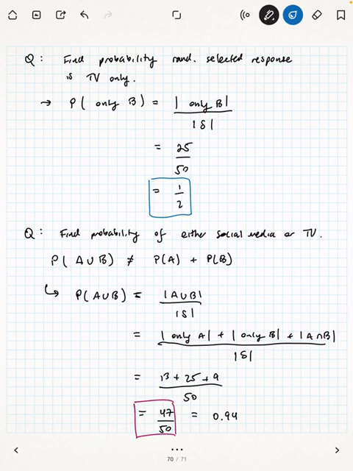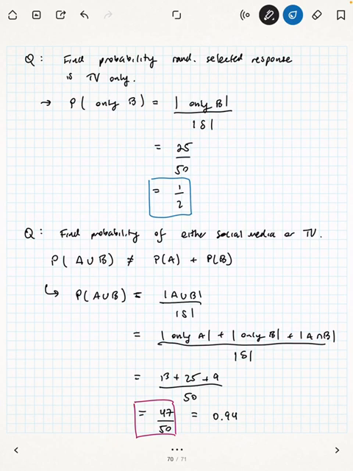Second question, find the probability of either social media or TV. So here's the trick though. The probability of A union B is never equal to the probability of A plus probability of B unless we have disjoint events. We're going to get into that in a future video, but the idea then is we need to actually calculate this directly.